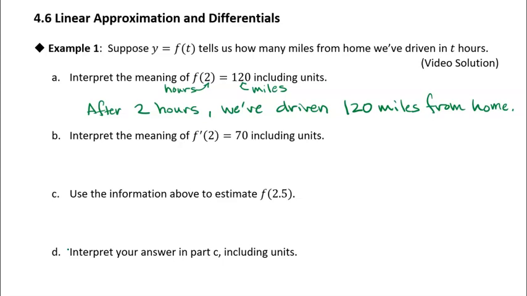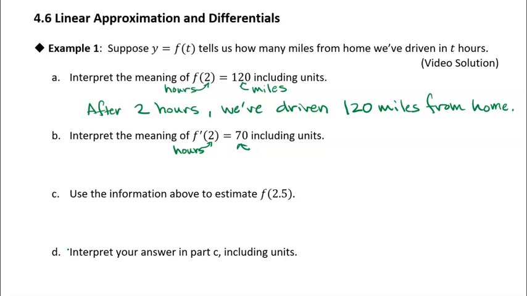The next question is asking us to interpret f prime of 2 equals 70. Now, we've done these things before. Again, the input is still t, in hours. And the output is the derivative, so it's a rate of change. The rate of change of displacement is velocity.